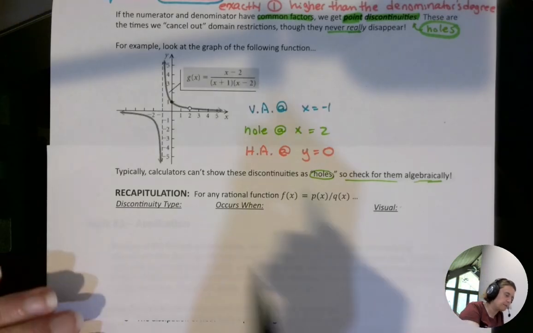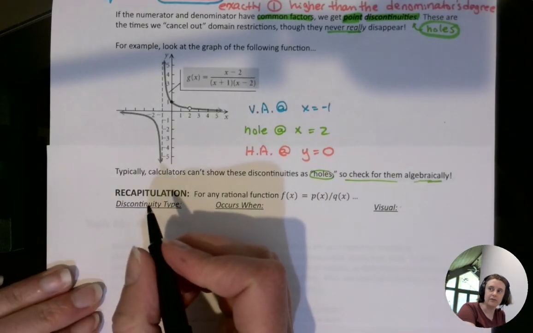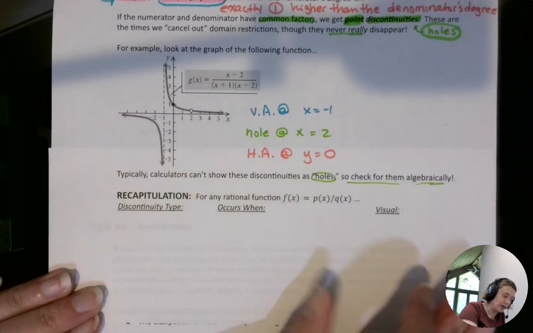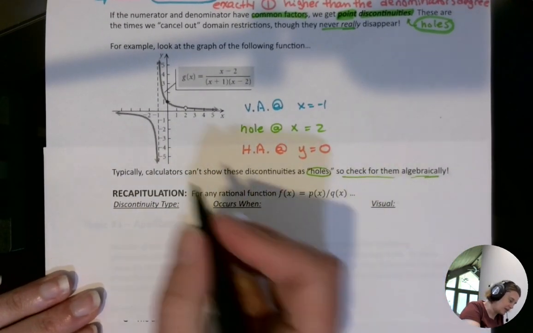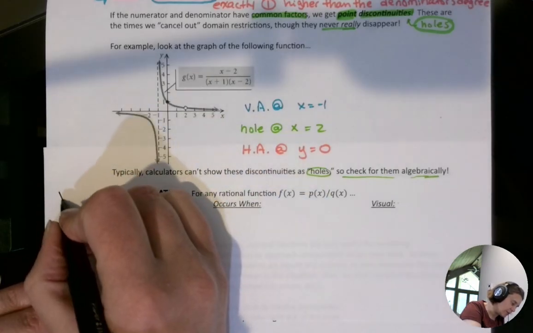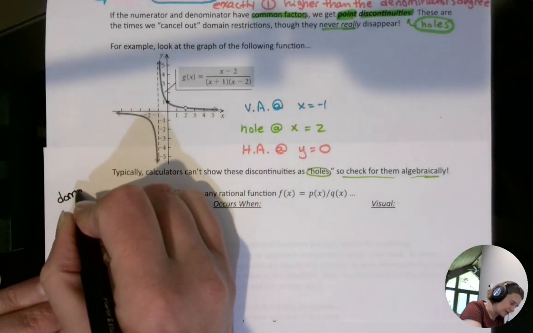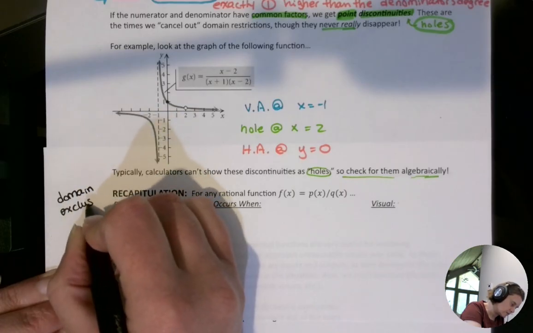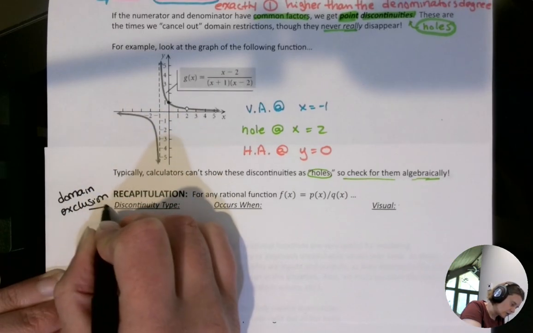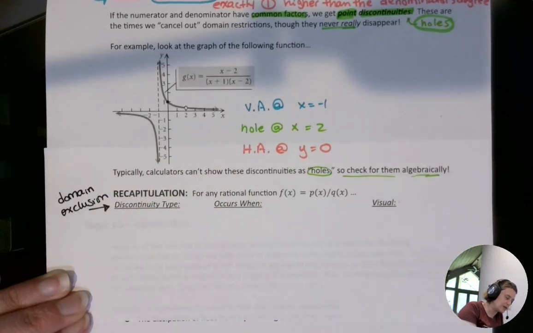Discontinuity type. So one of my types, discontinuity, remember, those are only talking about places that are not in the domain. So we're talking about domain exclusions. We're talking about discontinuities. So there are two types of domain exclusion.